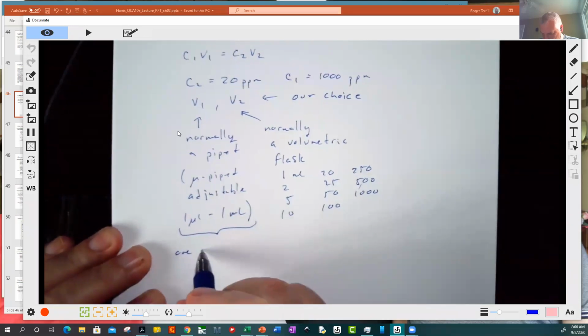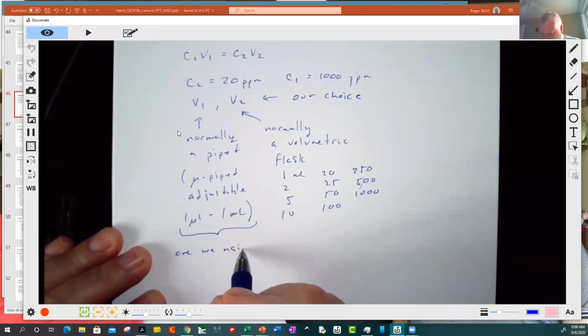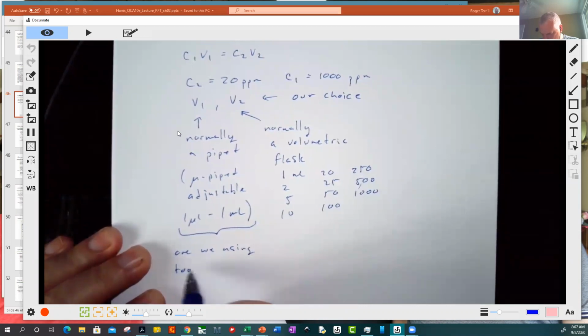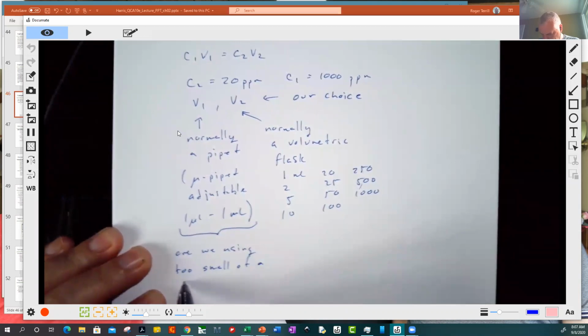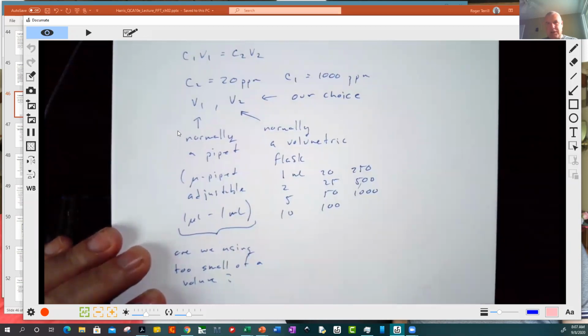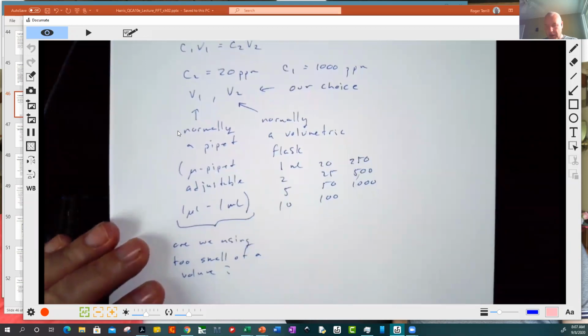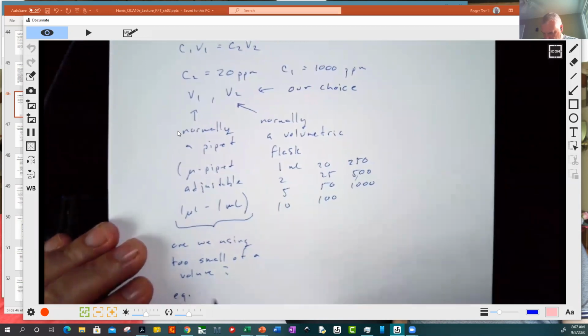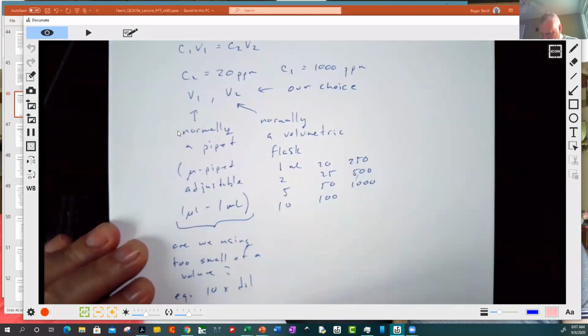For example, if we wanted to do a 10x dilution, an extreme example, you could take 1 microliter and try to dilute it to 10 microliters.